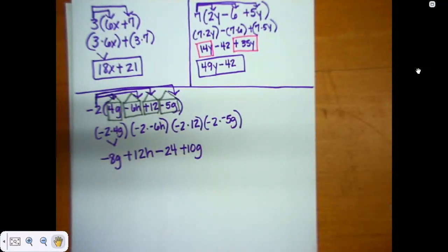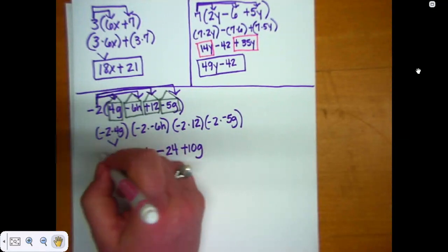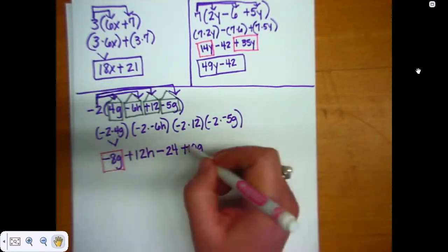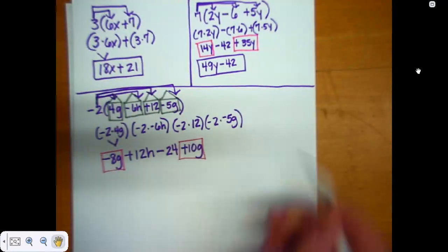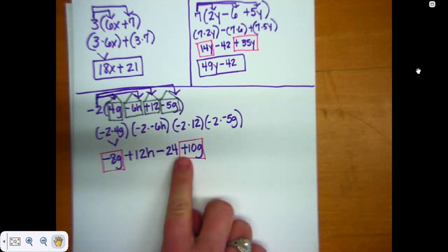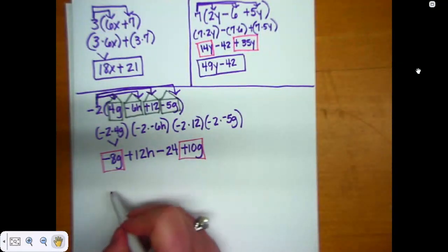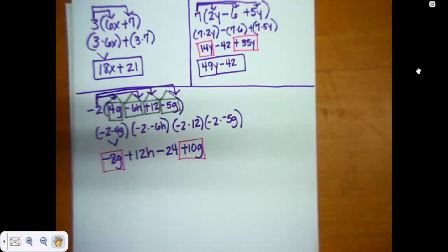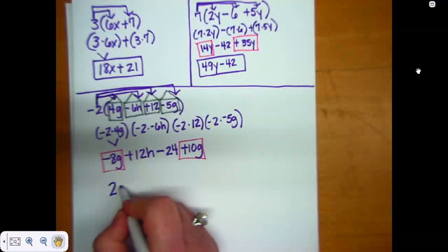So negative 8g and positive 10g. My signs are different, so I'm going to subtract, and I will keep the sign of the largest absolute value, which is positive. So my answer would be 2g, because 10 minus 8 is 2.